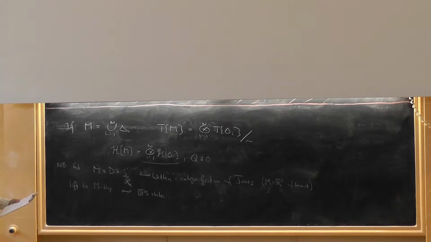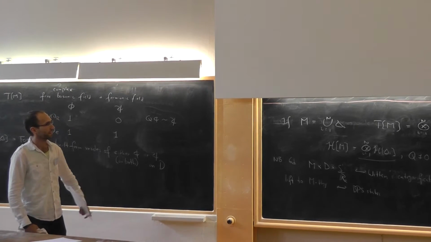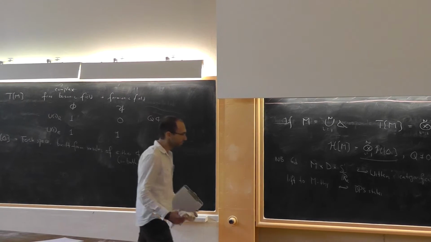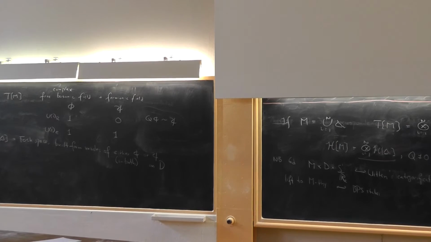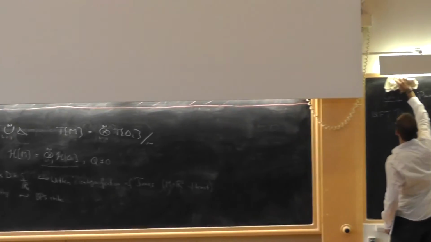Okay, so just wanted to say that to emphasize that everything is kind of connected. So what I'm describing is a particular viewpoint on constructions that have been around for a while.